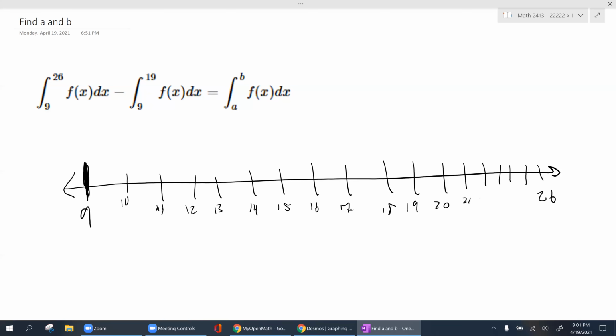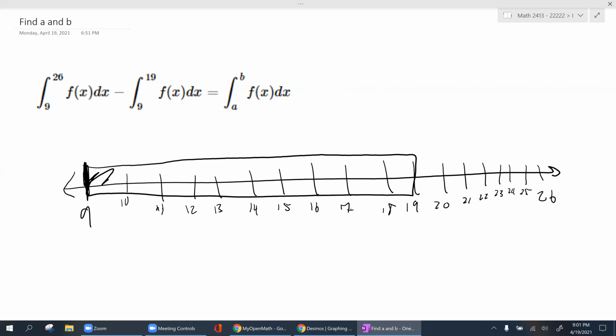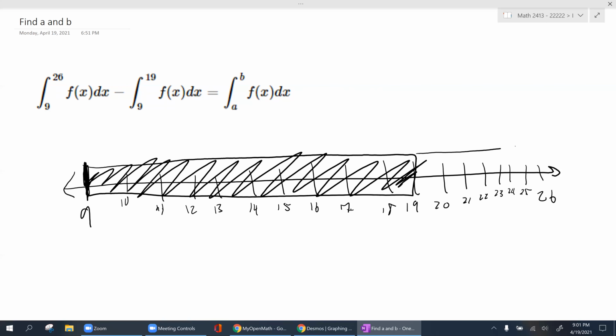There's a reason why I'm doing this. I am drawing 9 through 26. That's what I have right there.